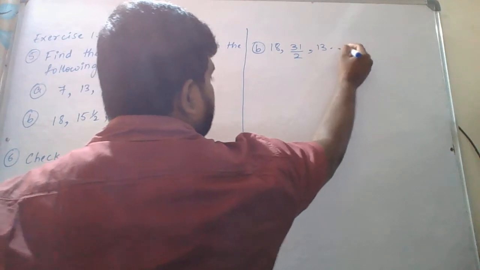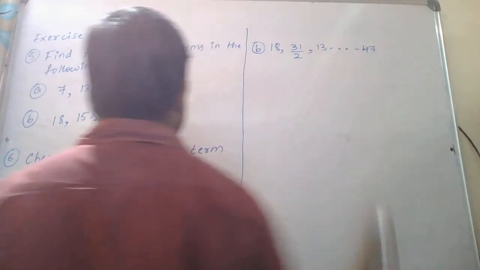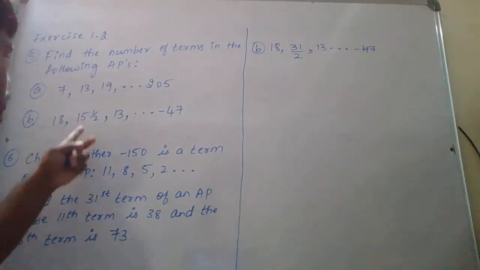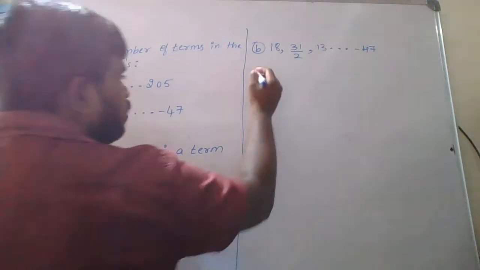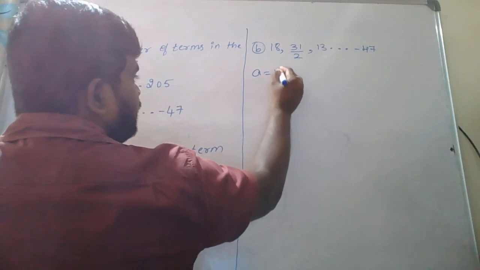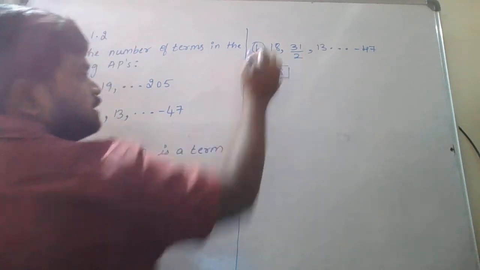Or you can also keep it as it is, 15 and a half, and subtract, no problem. So A value is 18. The first term is 18.